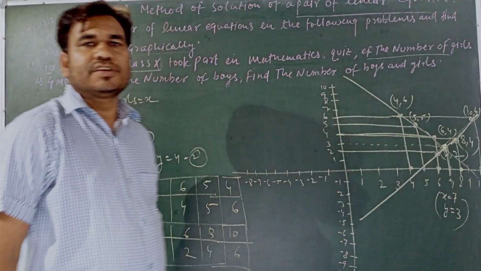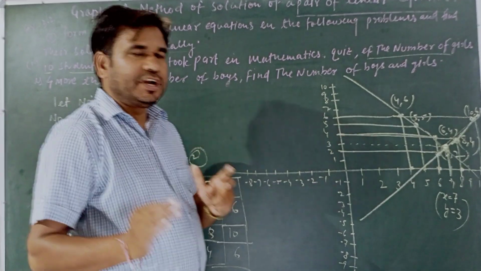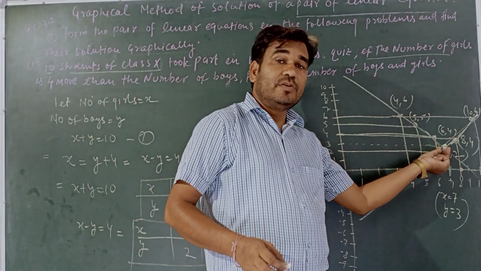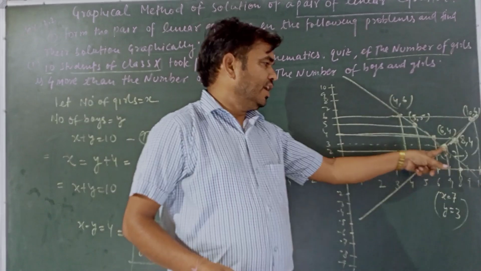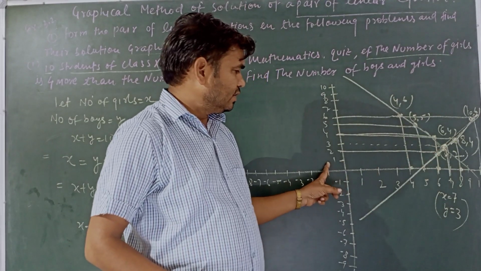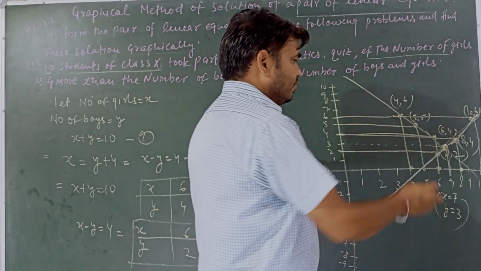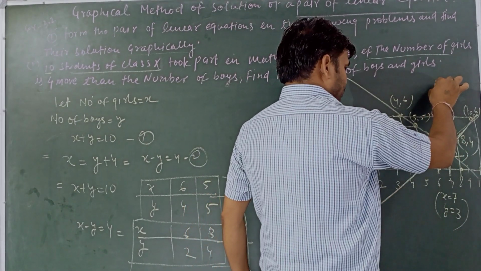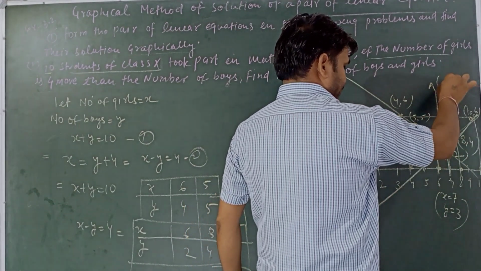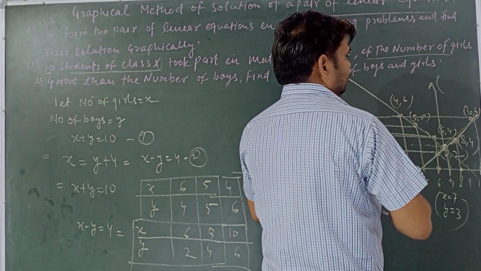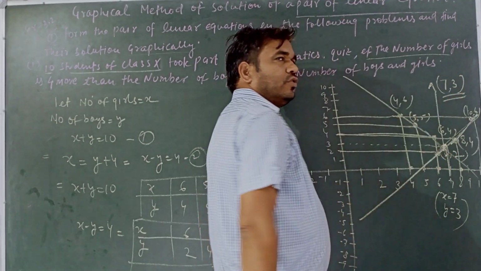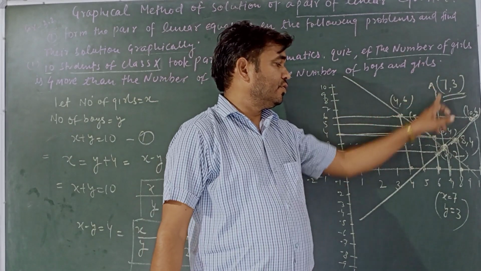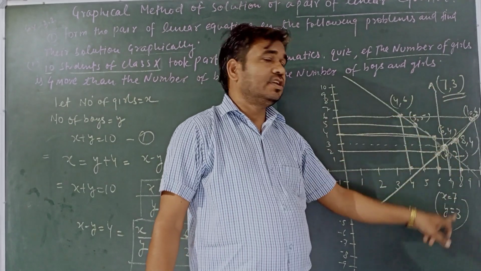This is the answer to this question, students. We can write the coordinates as x equal to 7 and y equal to 3.